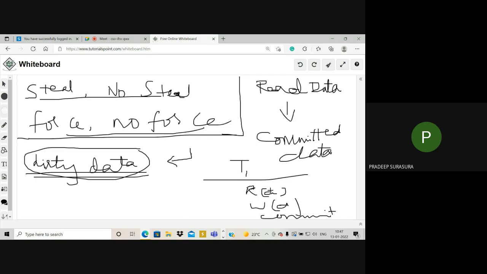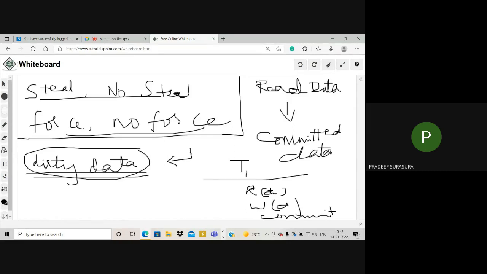Now, whenever you are trying to read the data, see that you read the committed data only. The moment you execute the write operation, immediately after the write statement, you go with commit. We don't wait a long time to commit the data.